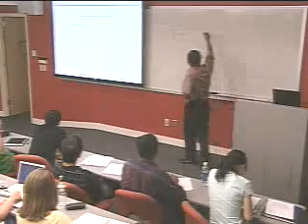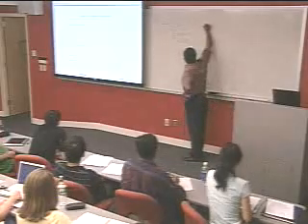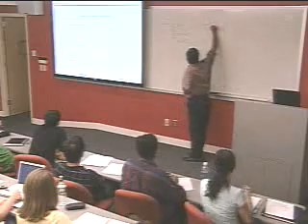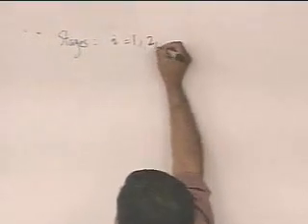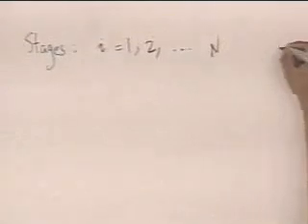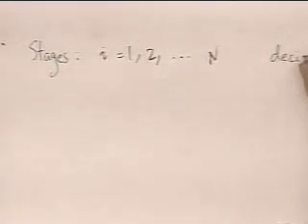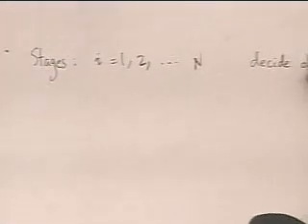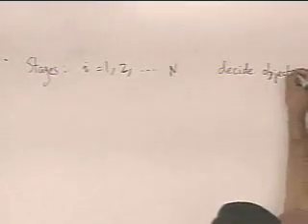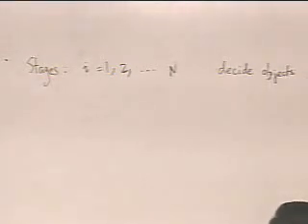So the stages in this case again would be defined by i taking values 1, 2 up through n, and I'll decide objects j less than or equal to i in stage i.